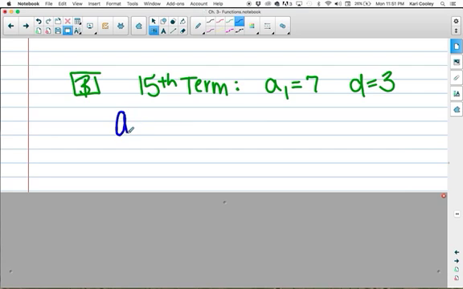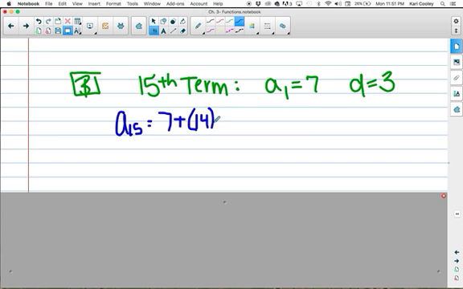So I'm looking for the 15th term. They tell me that my a sub 1, my very first term, is the number 7. So I bring my plus sign. Inside my first set of parentheses has to be one less than that number, so I should have the number 14 floating inside of it.